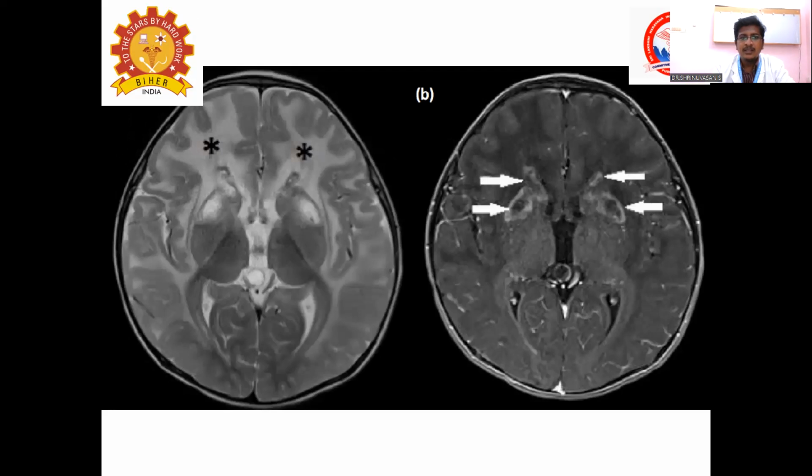Here you can see symmetrical confluent white matter signal intensities involving the frontal subcortical and the subcortical U fibers also.